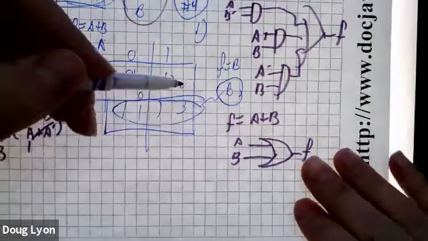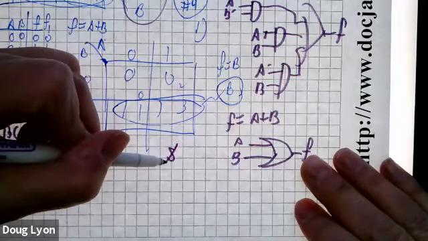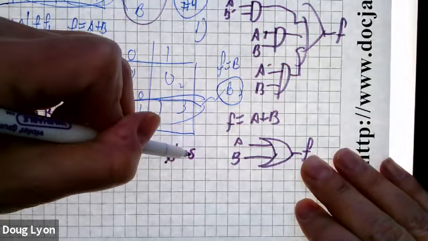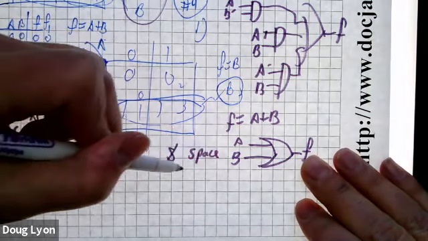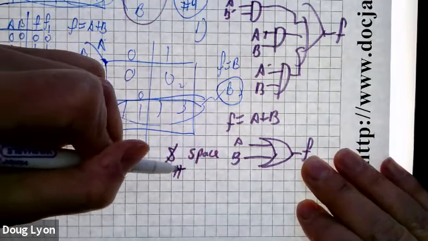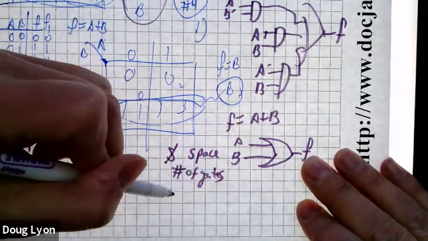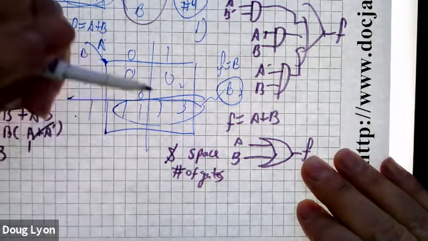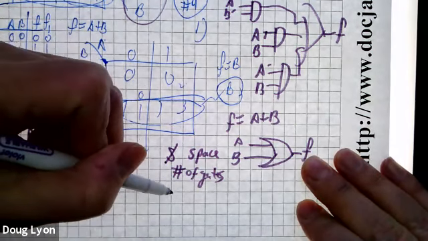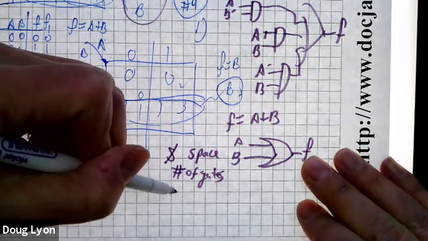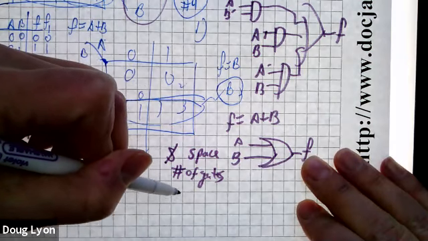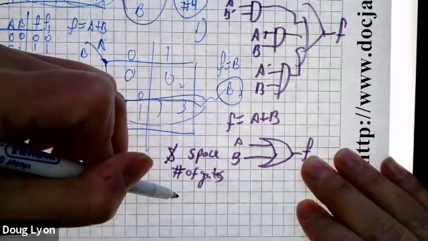So it's a win-win-win, right? It minimizes cost, minimizes space, minimizes number of gates, minimizes connections, minimizes complexity, and minimizes delay, or you could say maximizes speed.